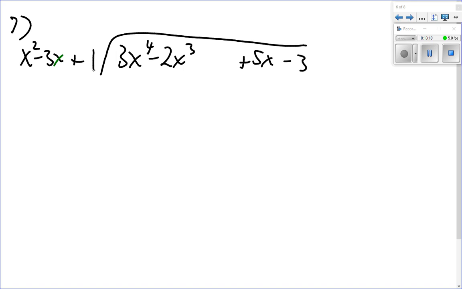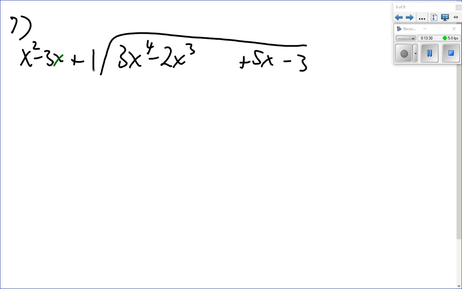So first off, let's go look at number 5. Number 5 is a division problem, but you cannot use, or you could use synthetic division on that, and I absolutely would. It's easier. You can't use synthetic division on this one. The only option here is long division.